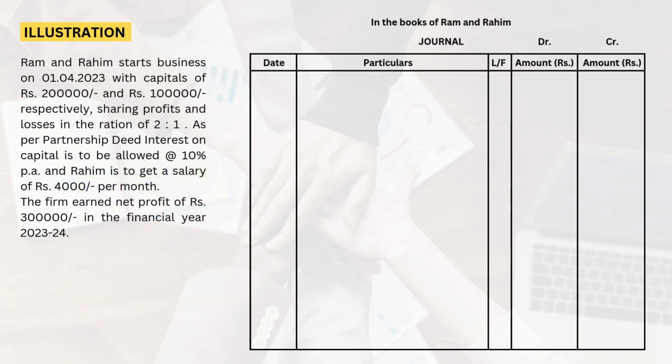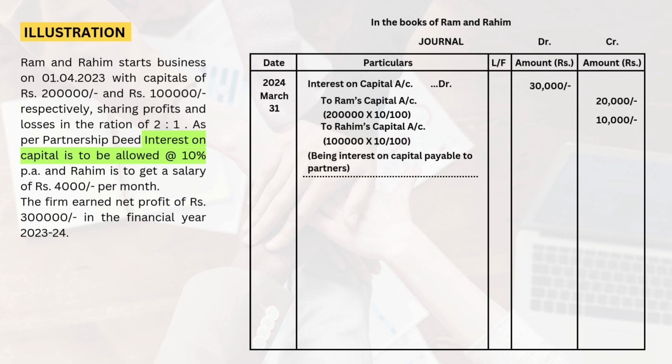Now interest on capital. First entry will be interest on capital account debit, rupees 30,000, to Ram's capital account, rupees 20,000, to Rahim's capital account, rupees 10,000. The calculation is too easy. Interest on capital is 10% per annum.